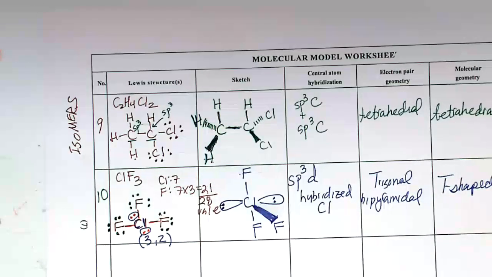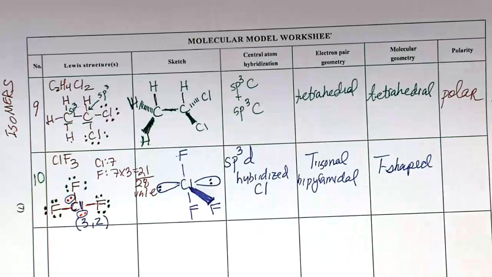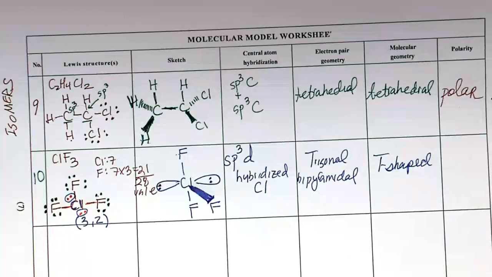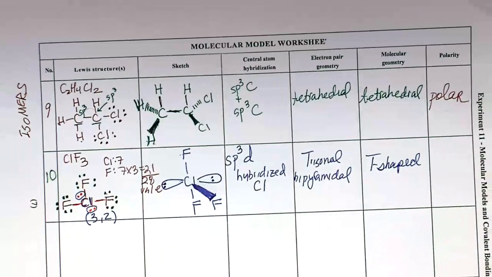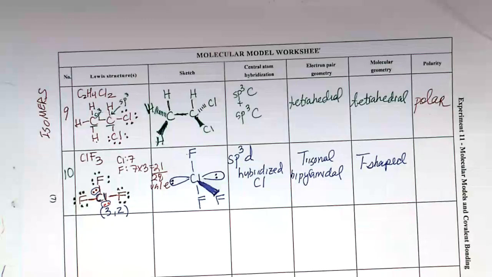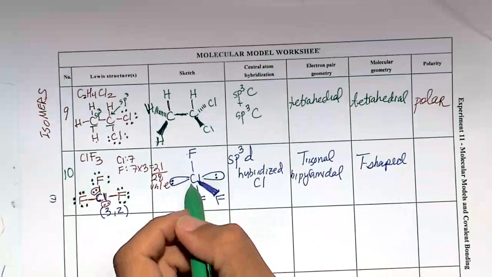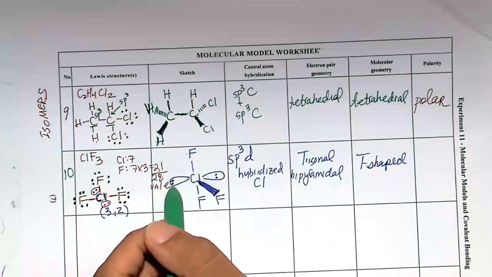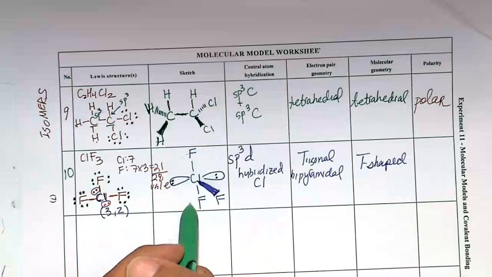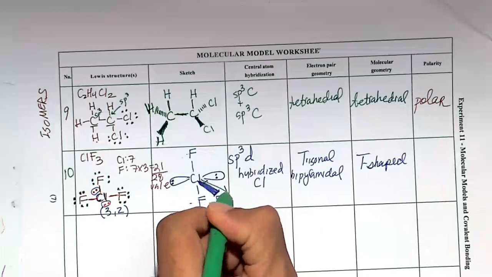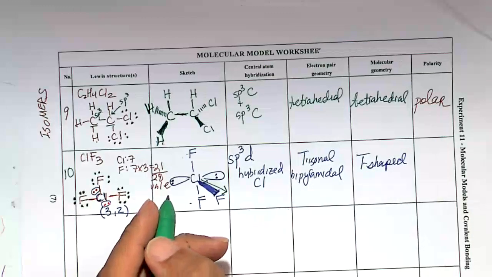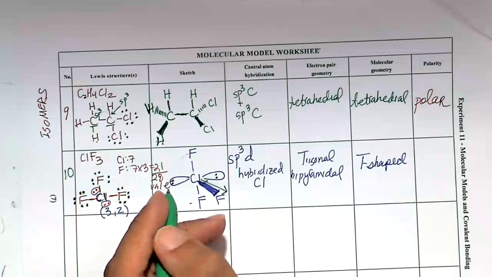All right, is this polar or non-polar? I would call it polar, just the way I drew it. While these pairs of electrons may repel one another, this fluorine and this fluorine may repel. This fluorine pulls kind of out there, so they don't cancel each other out.